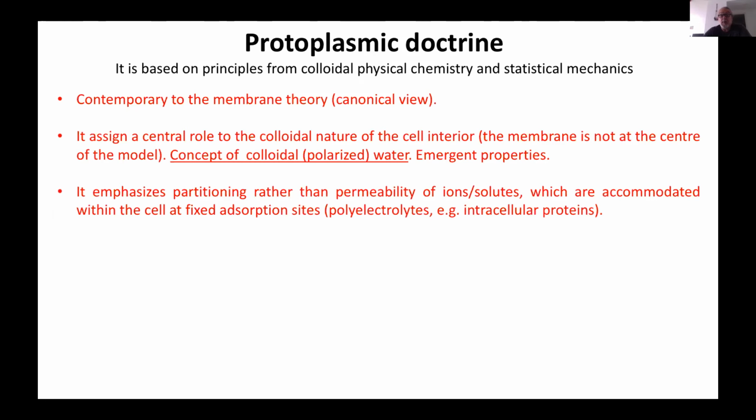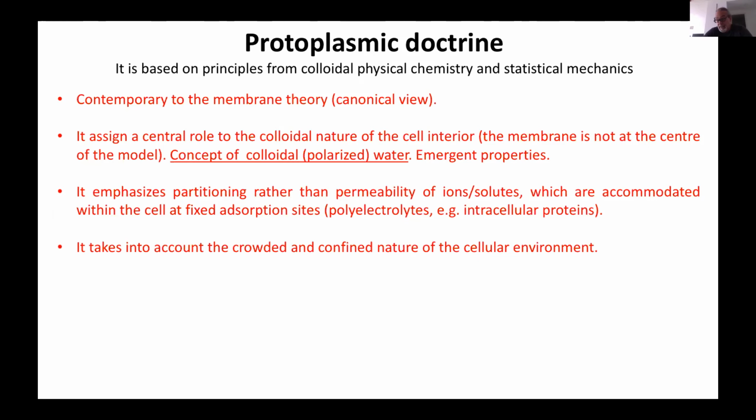Instead of talking about permeability, in this theory you are talking about partition, right? And essentially what it is telling is that these solutes, ions, and other substances in the cell will accommodate by adsorption to fixed sites inside the intracellular environment, which are essentially polyelectrolytes, can be intracellular proteins, can be DNA, can be RNA, and all these other things, right?